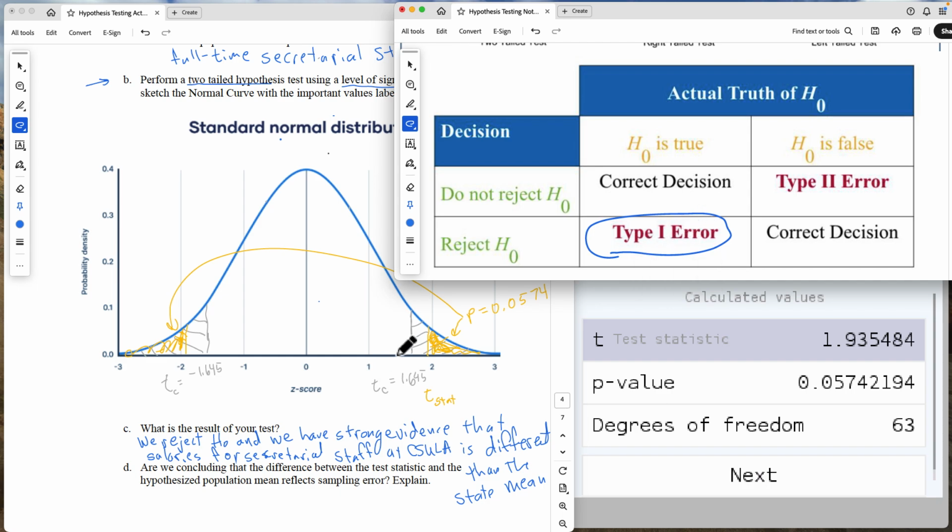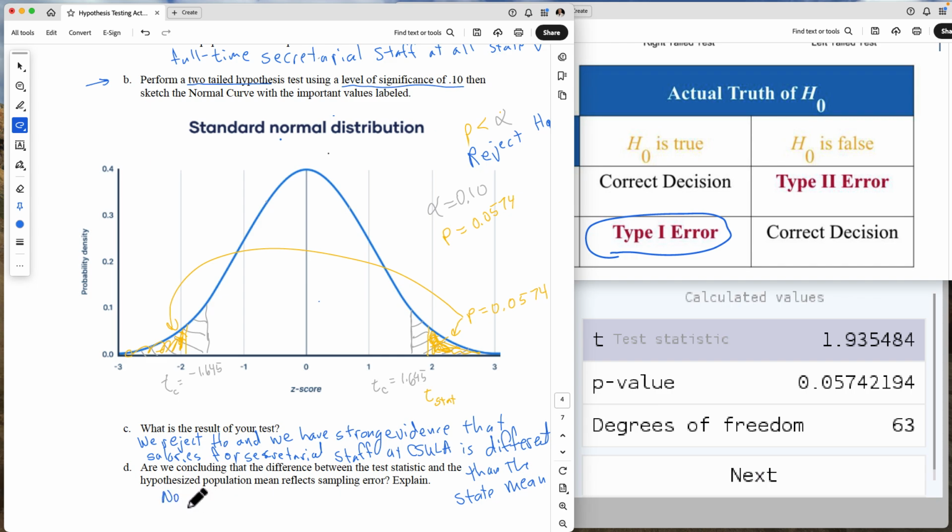A type 1 error is that we rejected when we shouldn't have rejected. But I'm going to say no. If there is an error, it would be a type 1 error.